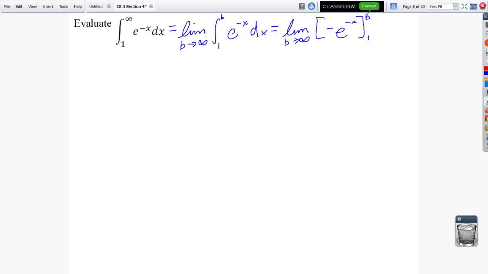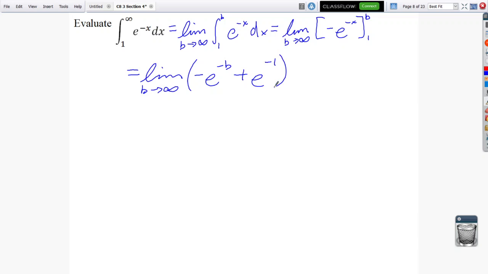And again, at this point, I don't care that the limit's hanging out there. I know it's intimidating. We're going to deal with that when we have to deal with it. That's not yet. So we have limit as b approaches infinity. Stick that off to the side. Now we're going to plug in negative e to the negative b minus negative e to the -1.